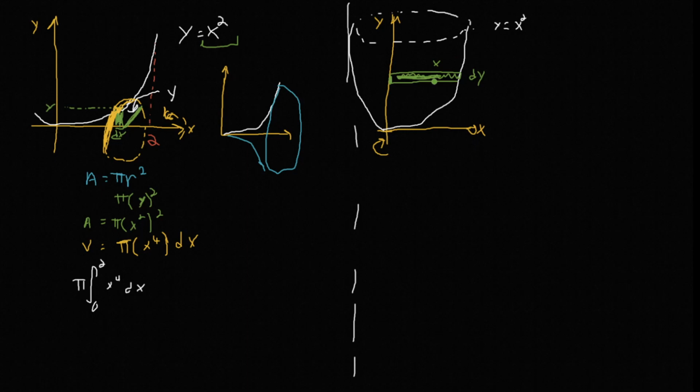So if we want to rotate it about the y-axis, we have to find x as a function of y. But we can then find a tiny ring, like before, find the volume of a tiny ring, and integrate over that interval.